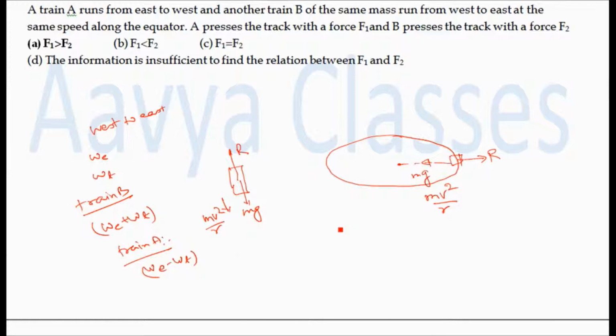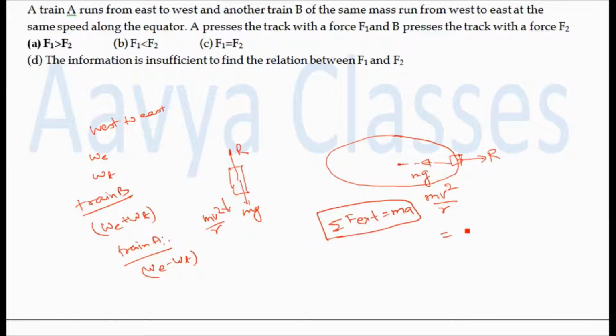Now we will apply Newton's second law of motion, which says that summation F external is equal to ma. How will we write the free body diagram? For this, always take the direction of acceleration as positive, and the force in the direction of acceleration will be taken as positive, as well as force opposite to the direction of acceleration will be taken as negative.